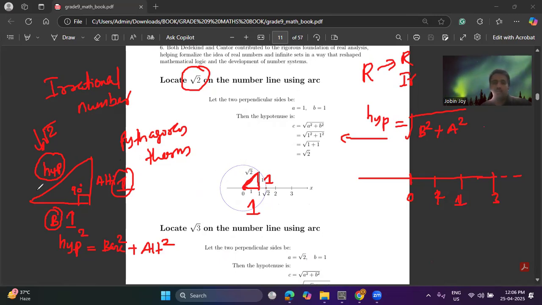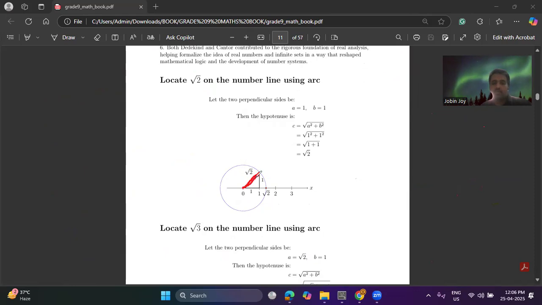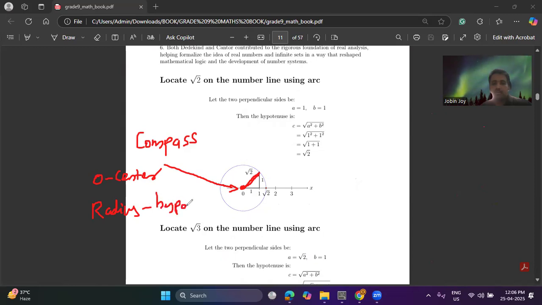Then the next step is very simple. This hypotenuse is root 2. Take your compass. O is the center, and the radius is the hypotenuse, that means this root 2.